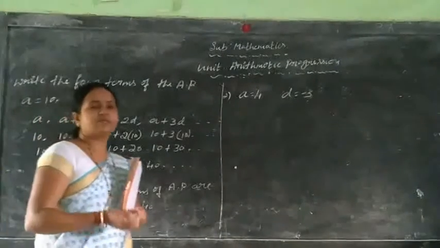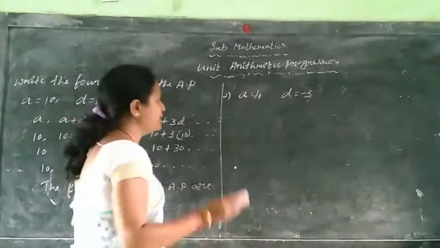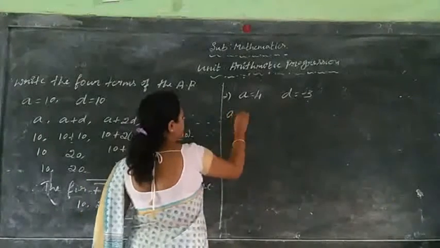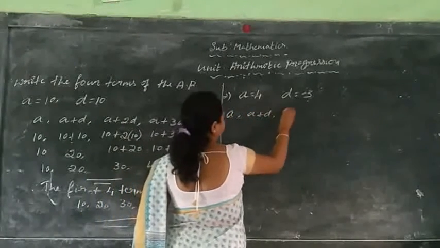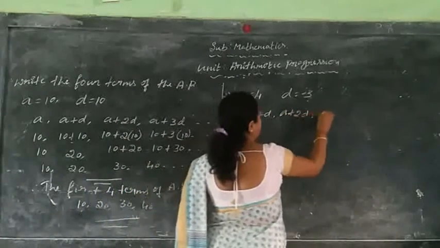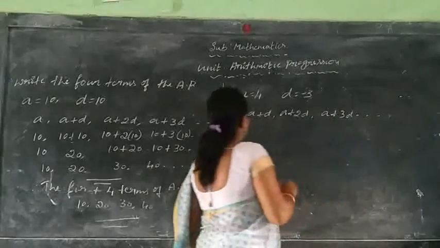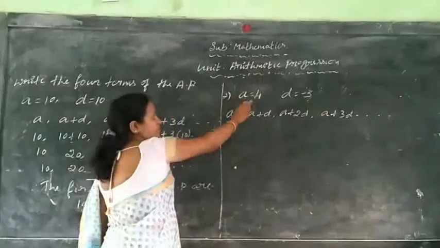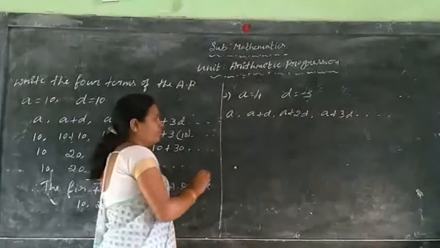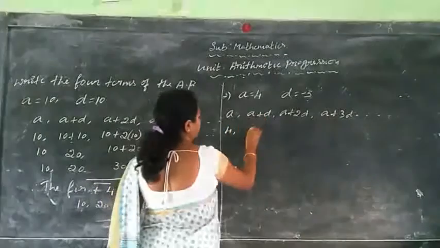What do we have to do first? Yes, we have to write the general form. a, a plus d, a plus 2d, a plus 3d. Okay, here they have given the value of a, isn't it? First term. What is the value of a? 4.